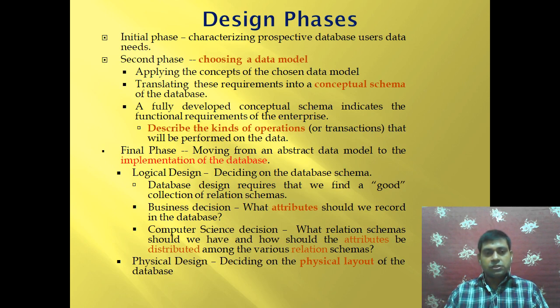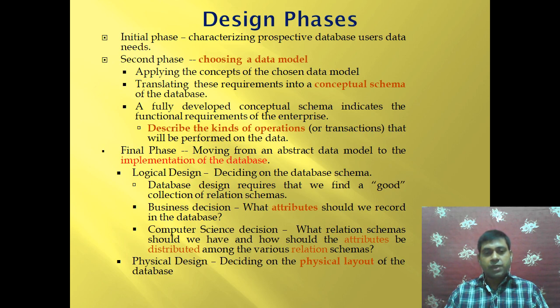Firstly, the logical design, where we have to identify the entities. That means database design requires that we find a good collection of relation schemas, and business decisions like which attributes we should record in the database.